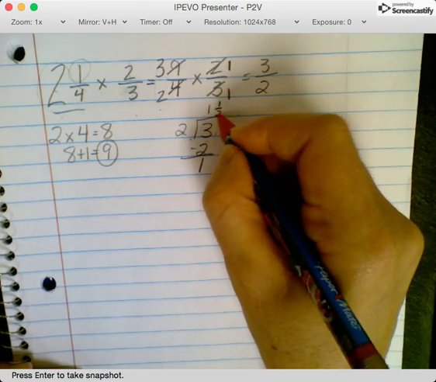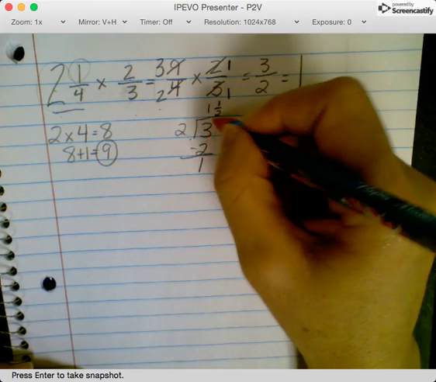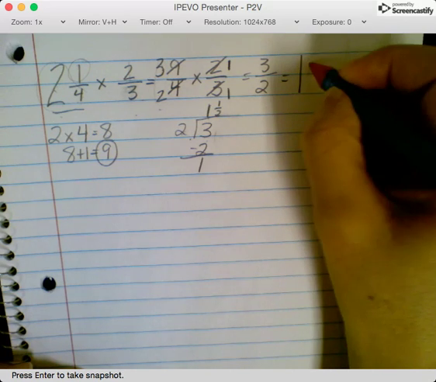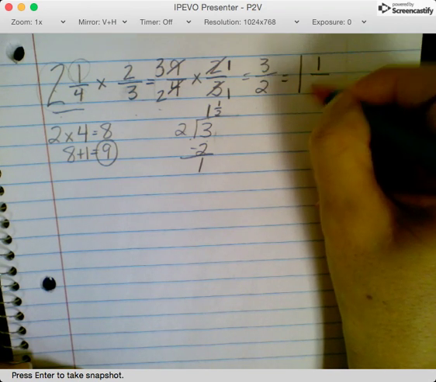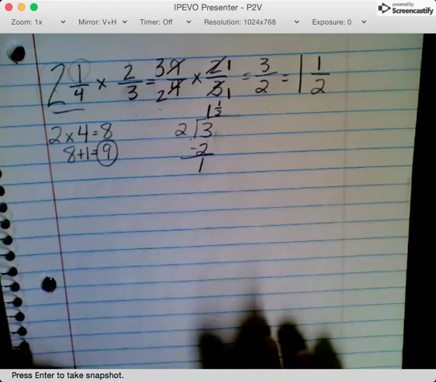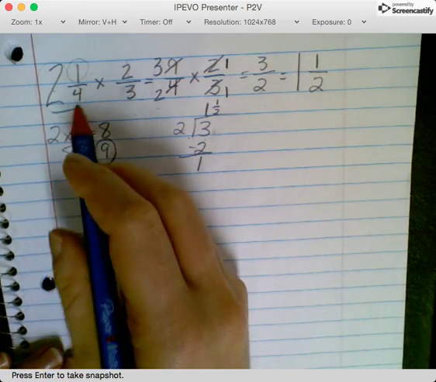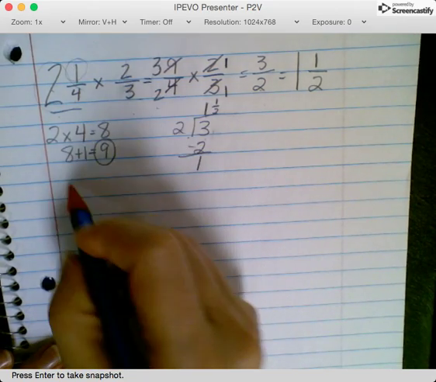My denominator is the number I divided by. So 1 whole, and then my leftover is my number that goes on top, and then my denominator should be the same. Okay?